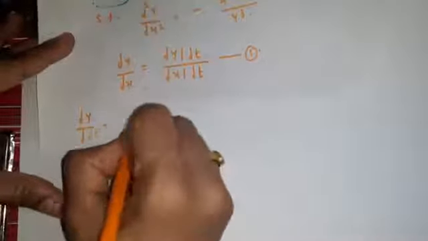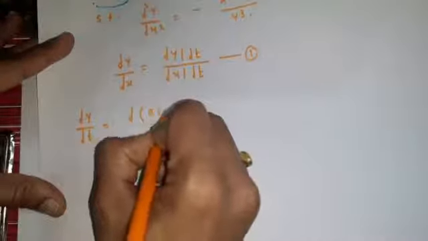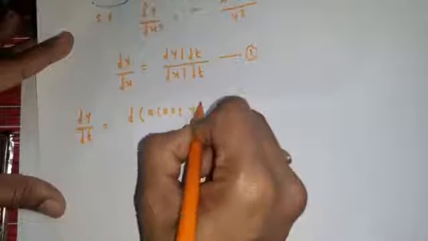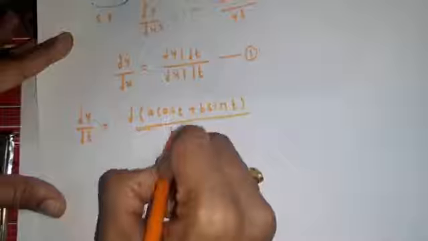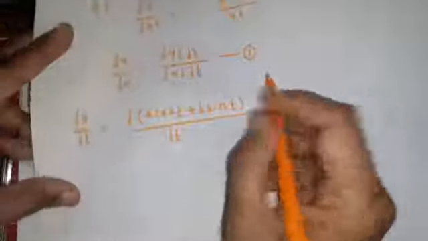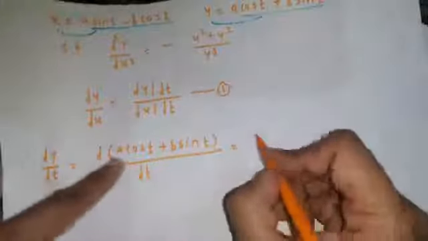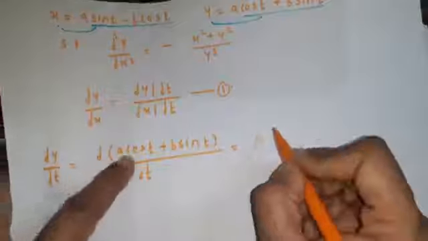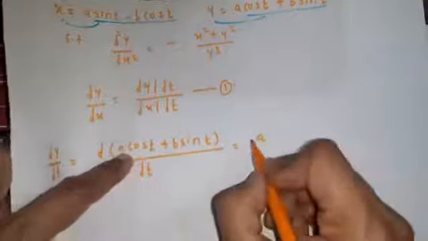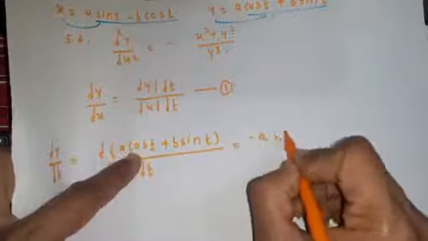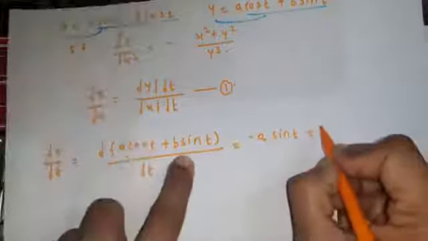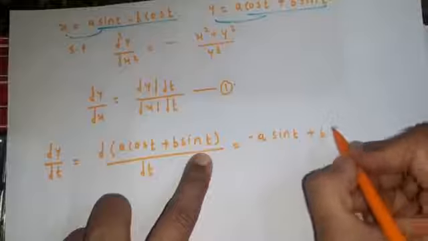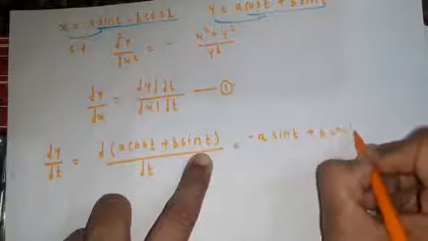The y function is a cos t plus b sin t with respect to t. Okay, students. So differentiation of a cos t: a is a constant. Differentiation of cos is minus sin, that's why it is minus sin t. Plus b is a constant. Differentiation of sin t is cos t.